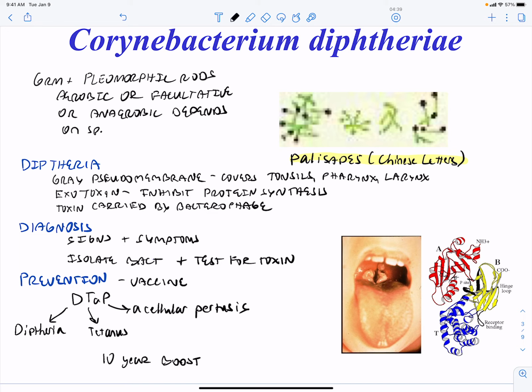You can treat an active disease with an antitoxin as well as with antibiotics such as penicillin or erythromycin. And these would be antibodies. You do a combination with this guy.